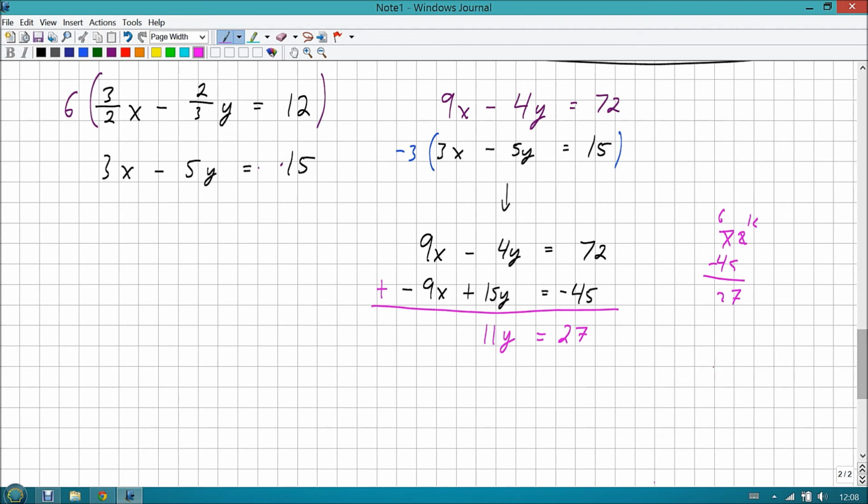Another way to do it would be to say, okay, how far away from 72 is 45? So 45 to 50 is 5, and that puts me at 50. From 50 to 70 is 20, and then to 72 is another 2, so that would be 5 plus 20 plus 2, which would be 27.